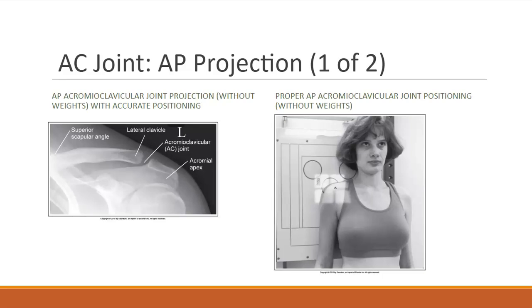The AC joint is at the center of the exposure field for both the non-weight-bearing and weight-bearing views. The lateral clavicle, acromion process, and superior scapular angle should all be included within the exposure field.